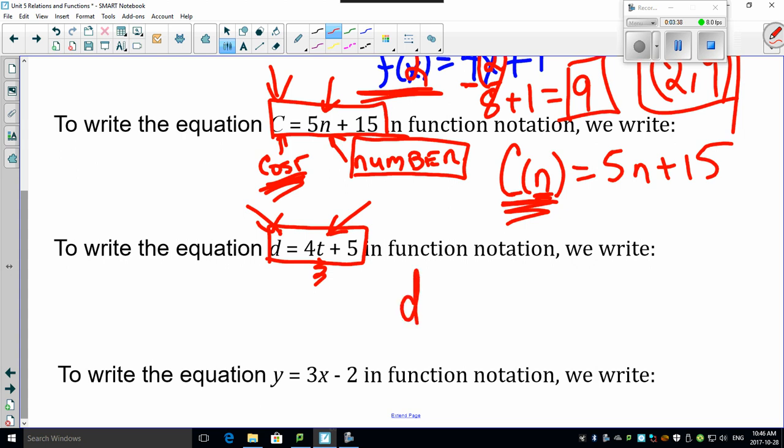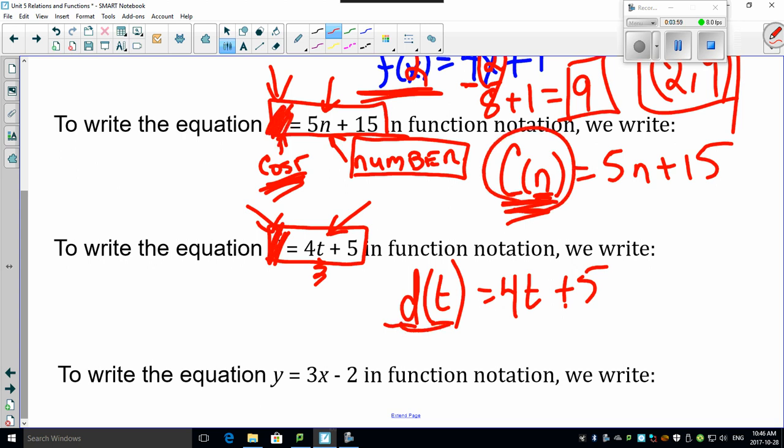So distance is a function of time, which is 4t plus 5. In other words, all I'm doing is getting rid of this and replacing it by the functional notation. Last one.